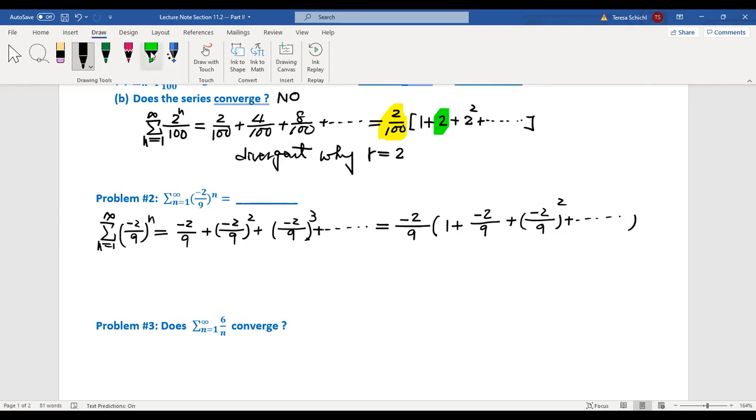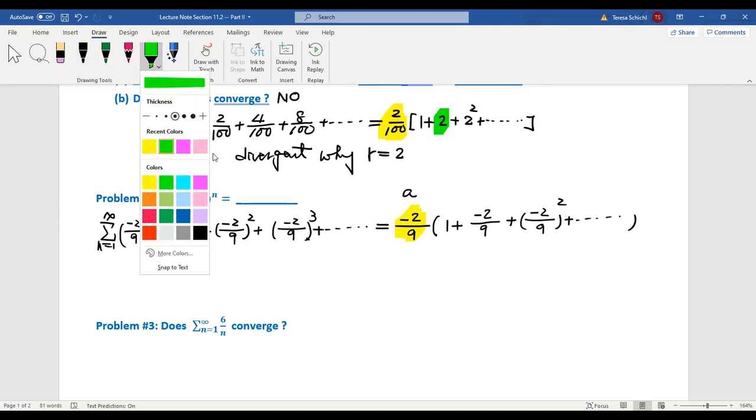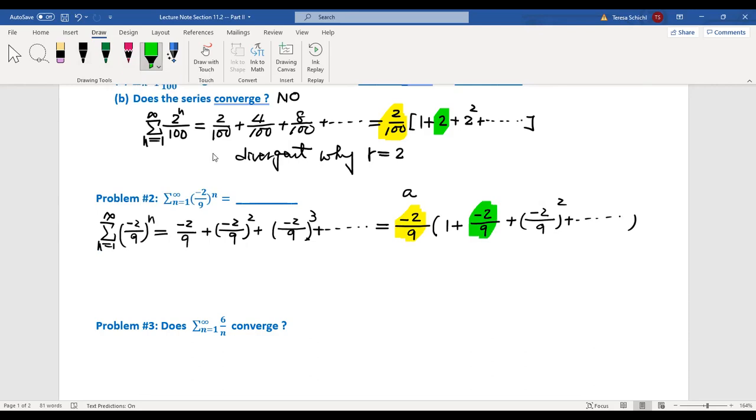So from the definition, this is my A, and this is my R. Now this is convergent because R is between -1 and 1. By the formula, it's going to be equal to A over 1 minus R. Let's plug in.